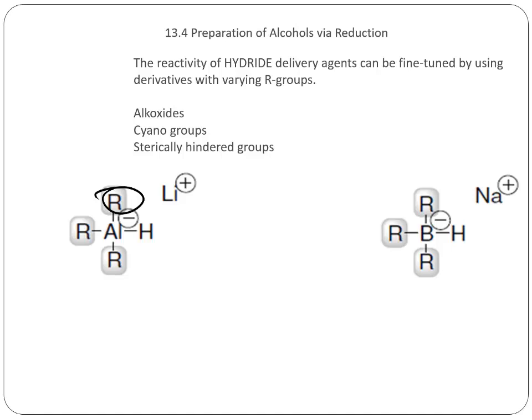People have also found that by having sterically bulky groups in these positions, I can favor certain types of molecules over the others. So even though they all react with ketones, they may be reacting with different kinds of ketones differently. So I can fine tune my reactivity.